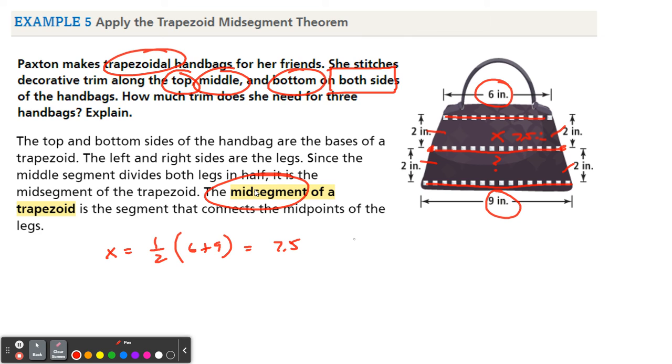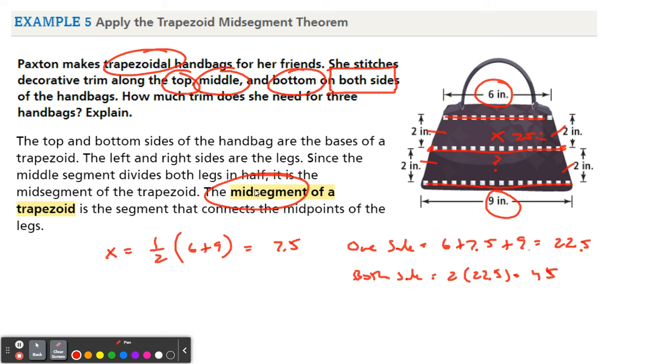So to find how much she needs for one side, we're going to add 6 plus 7.5 plus 9. That's 15 plus 7.5 is 22.5 inches. Now for both sides, we need to double that. And that would become 45.